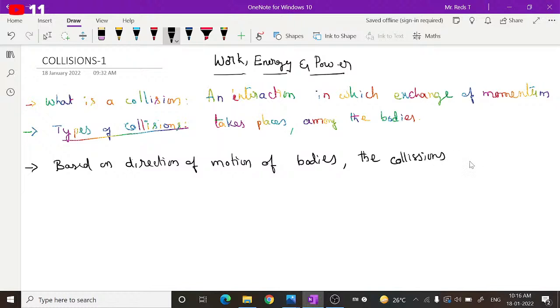The collisions are classified into two types, namely, viz., one dimensional collision, and we have discussed oblique collision.